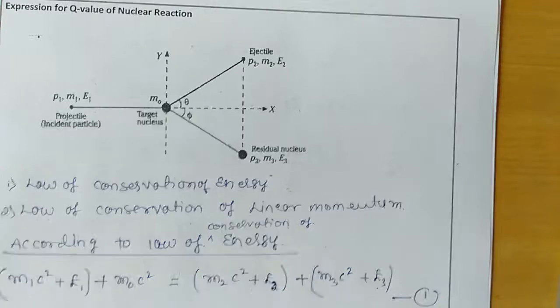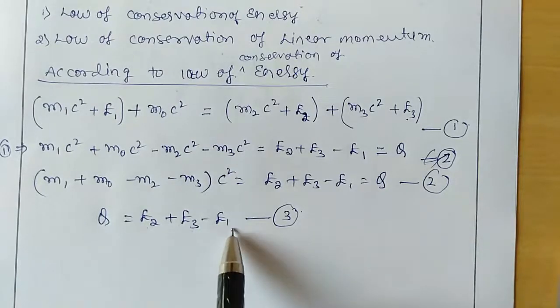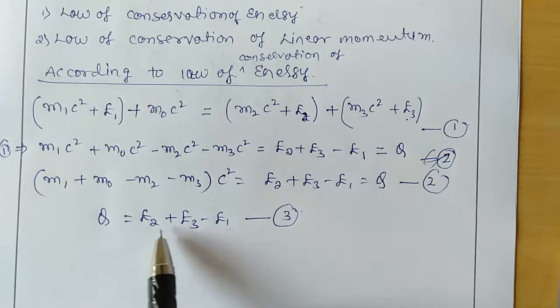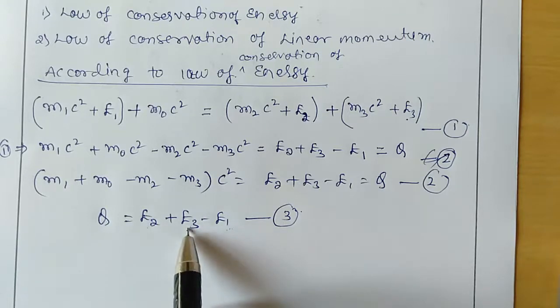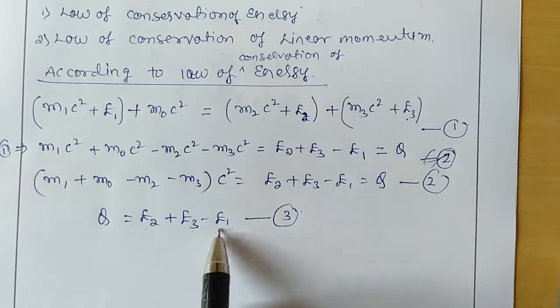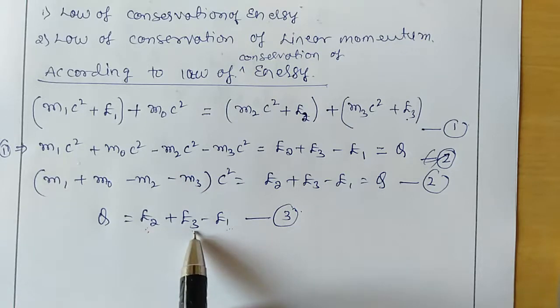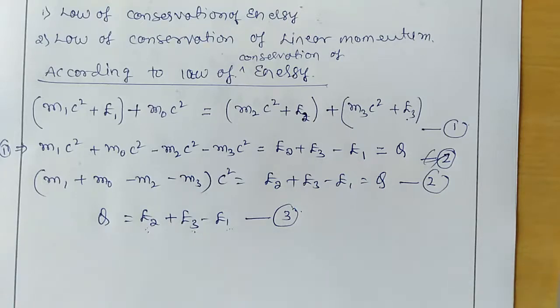Got it, students? See here in this equation we have E2 plus E3 minus E1. E1 is the kinetic energy of the projectile, E3 is the kinetic energy of the residual nucleus, and E2 is the kinetic energy of your ejectile. E1 and E2 can be found out experimentally, that is, measured easily, whereas E3 is a little bit small compared to your target nucleus, so it is difficult to measure the kinetic energy of this residual nucleus.